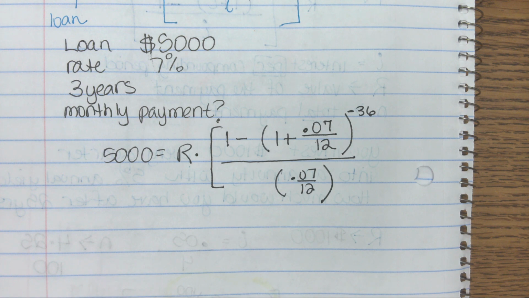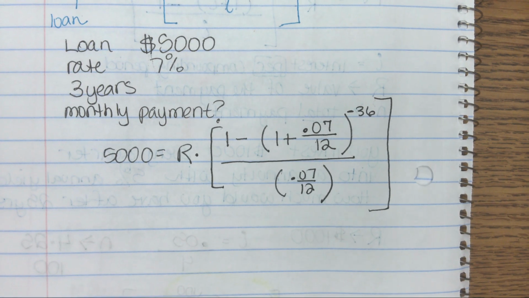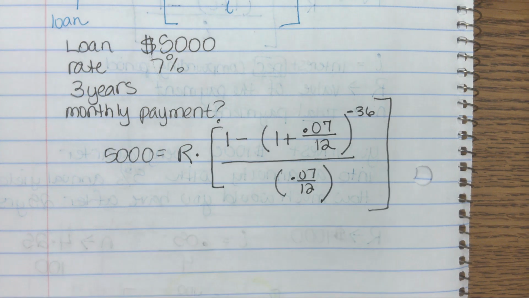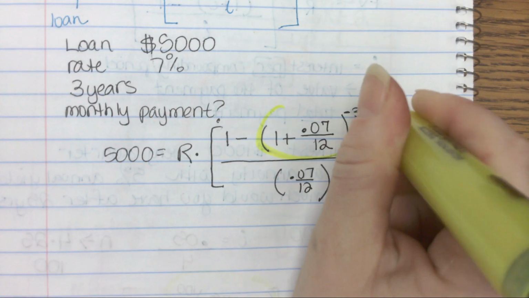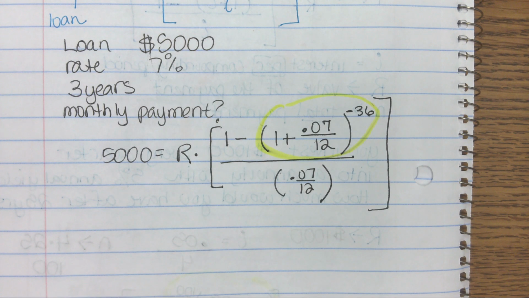Okay, get those calculators ready. So for this one, I am still going to start in the same spot. I'm going to start right here. I'm going to type that in first, and then I'm going to do 1 minus my answer. I am going to have to use the answer key. And then I'm going to divide by that.